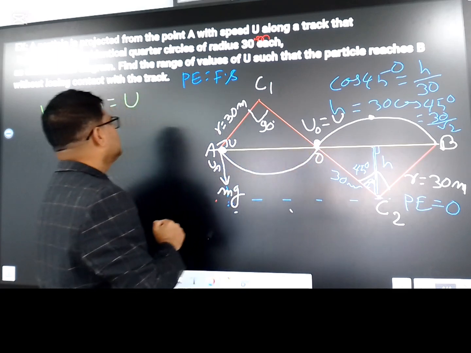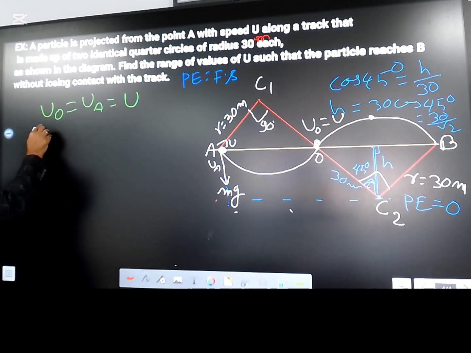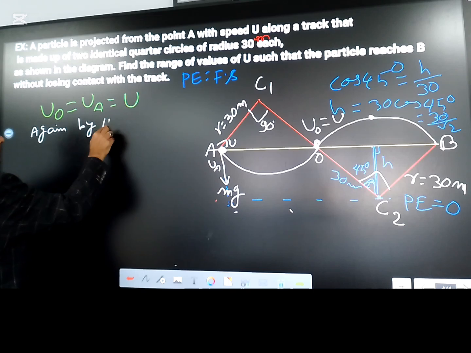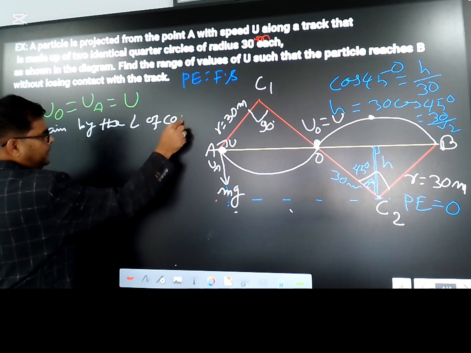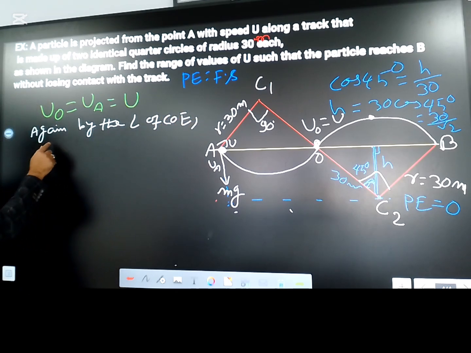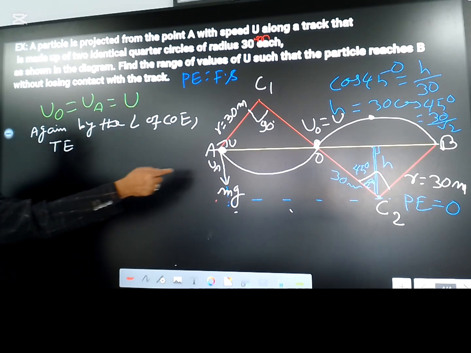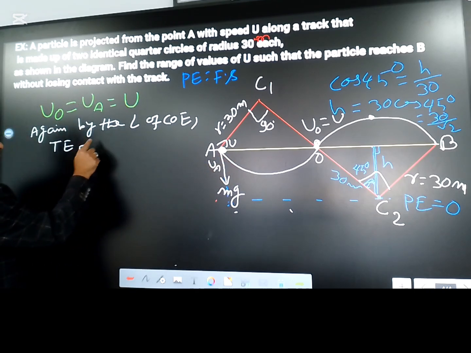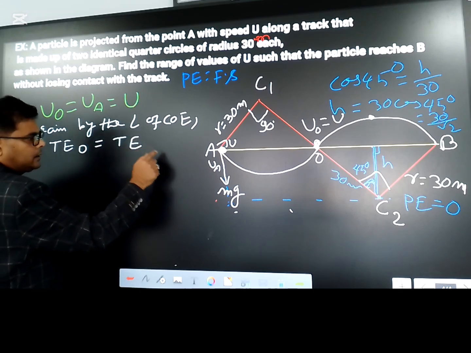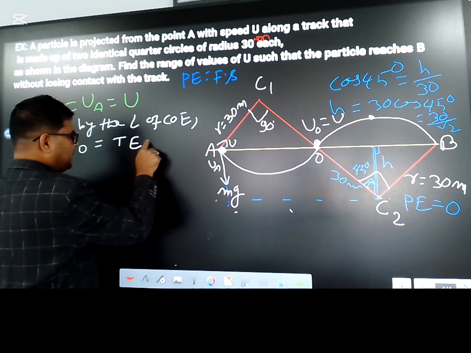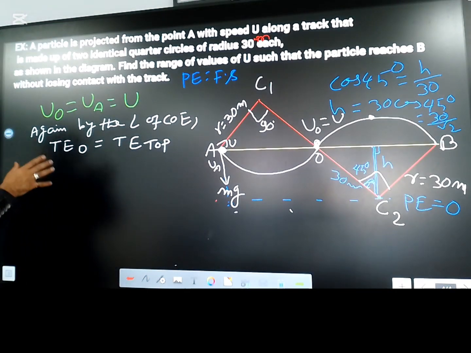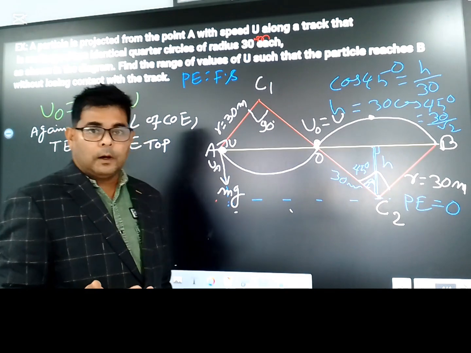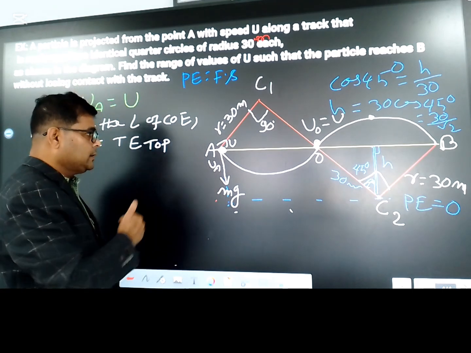So if you consider again, by the law of conservation of energy, we can say total energy at this position O equals total energy at the top position. We have earlier seen that total energy means the sum of kinetic energy as well as potential energy.